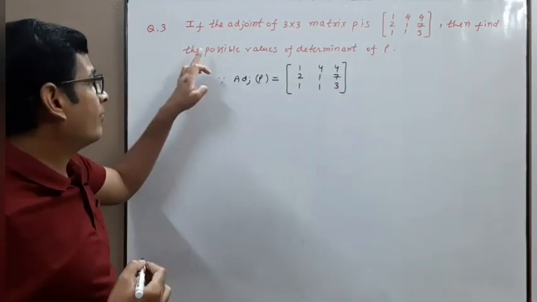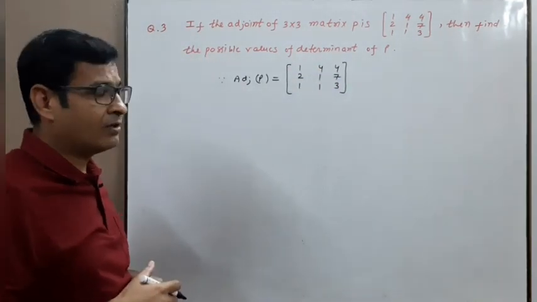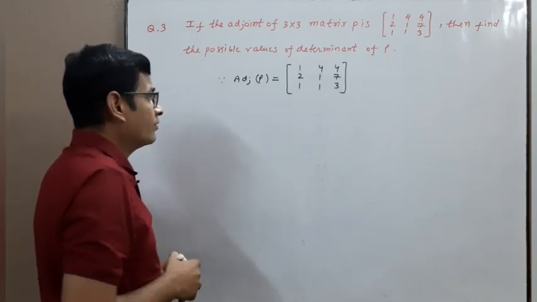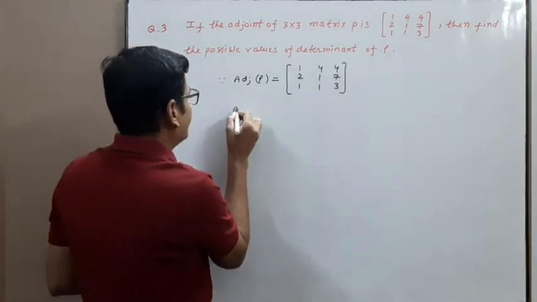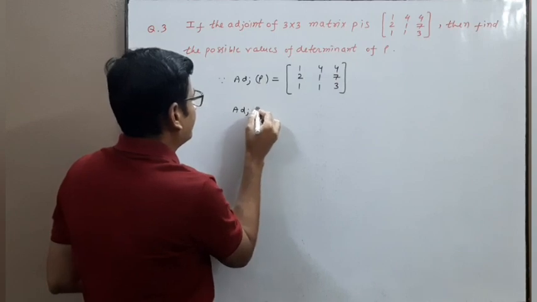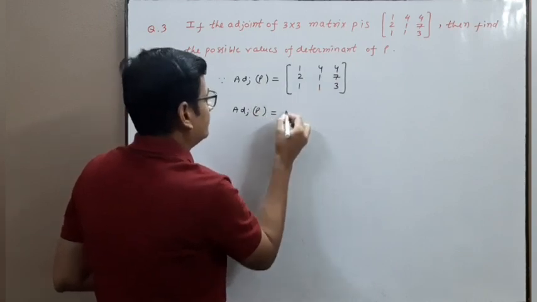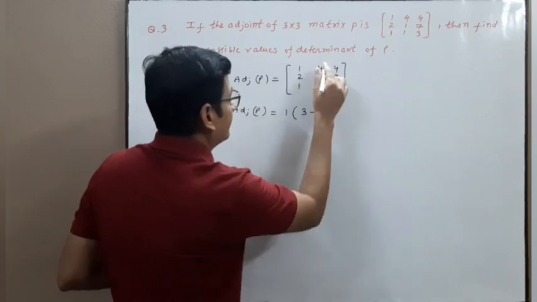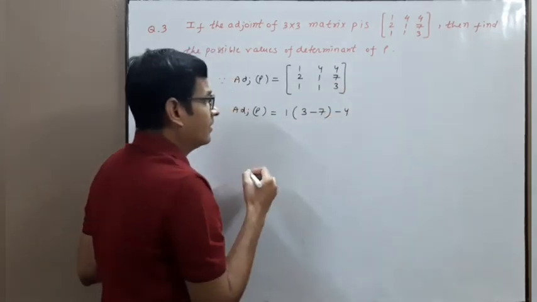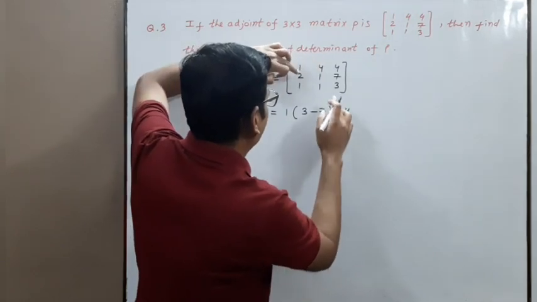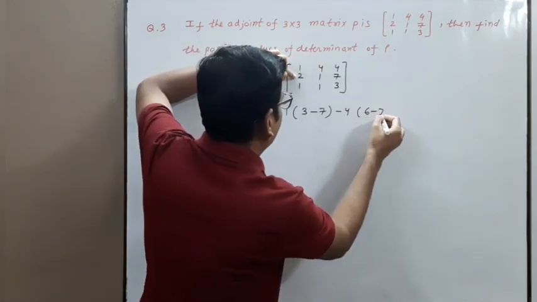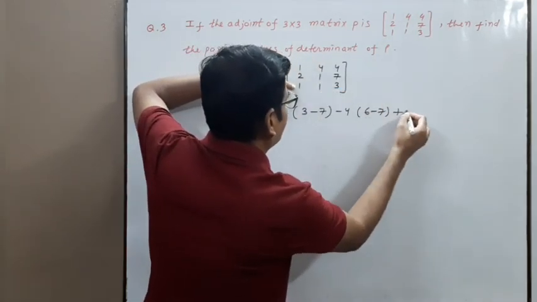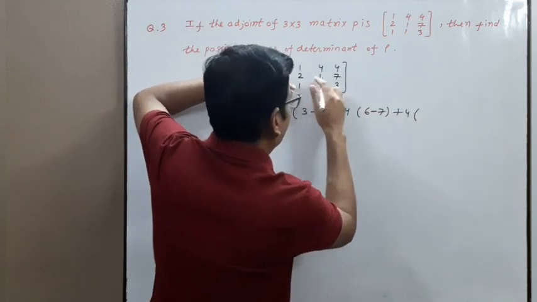Then find the possible values of determinant of P. So first find determinant of adjoint P, expanding along R1: 1 times 3 minus 7, then minus 4, 2 3 are 6 minus 7, plus 4, 2 minus 1.